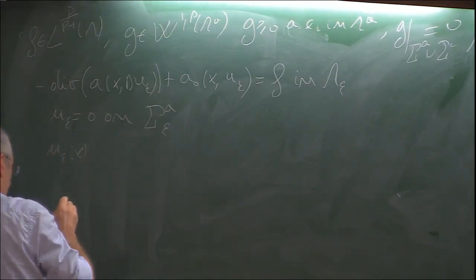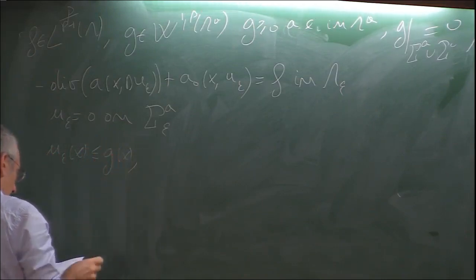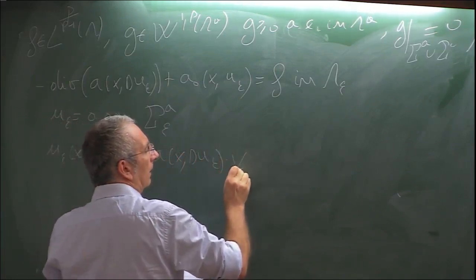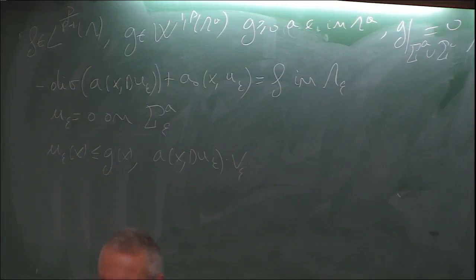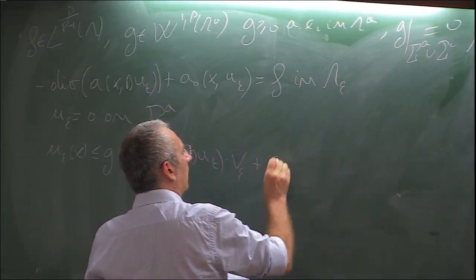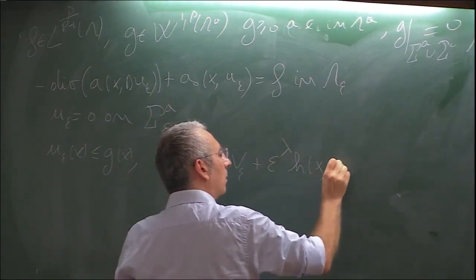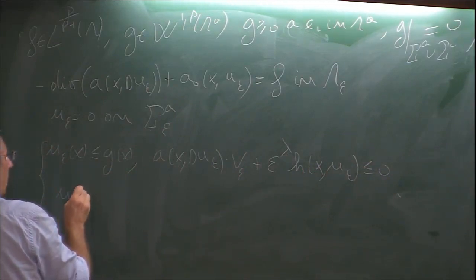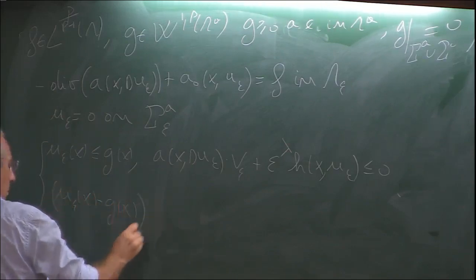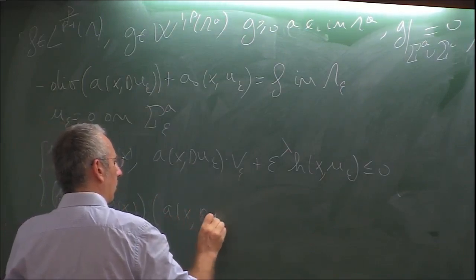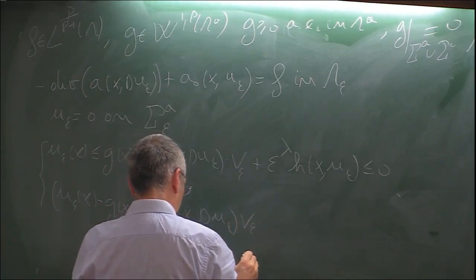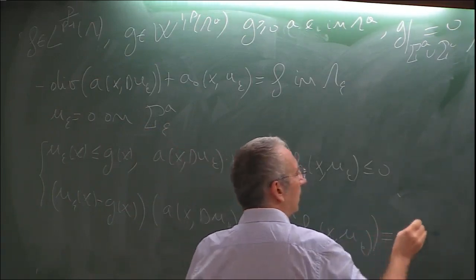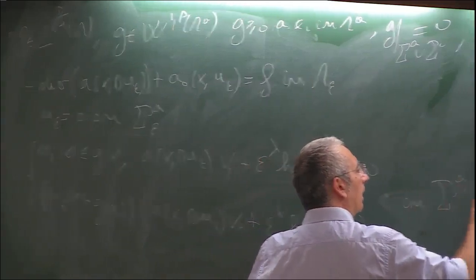U epsilon of x is less than or equal to g of x, and A of x gradient of u epsilon dot nu epsilon, where nu epsilon is the unit exterior normal vector to omega epsilon, plus epsilon to the power lambda H of (x, u epsilon) is less than or equal to 0, and u epsilon of x minus g of x times A of x gradient of u epsilon dot nu epsilon plus epsilon to the power lambda H of (x, u epsilon) equals 0 on sigma A lateral epsilon.